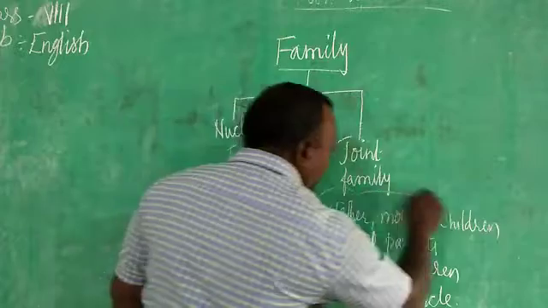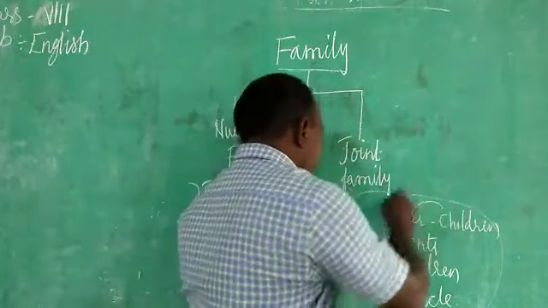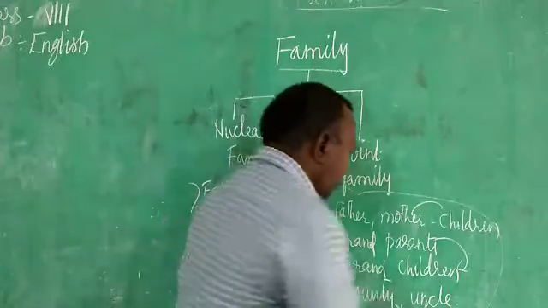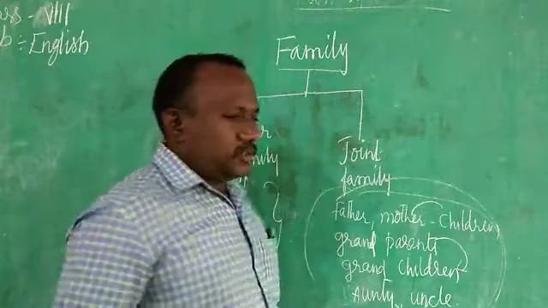All this we call a joint family, children. Father, mother, their children, grandparents, auntie, uncle, their children, all this we call a joint family.